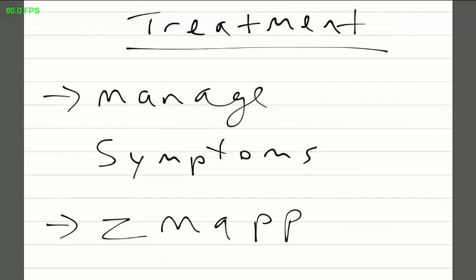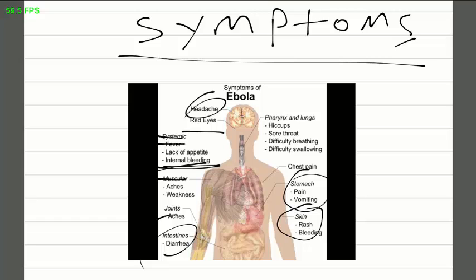In terms of management of Ebola hemorrhagic fever, there's actually no current prescribed therapy right now. What you can do is just manage the symptoms. For example, if someone has a fever, you can prescribe acetaminophen, which in some other countries is called Panadol or paracetamol.